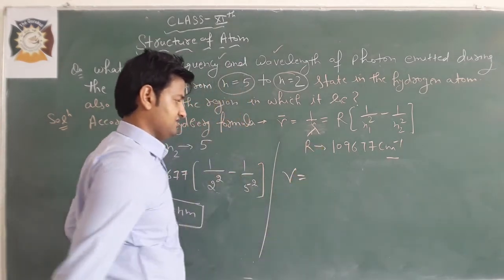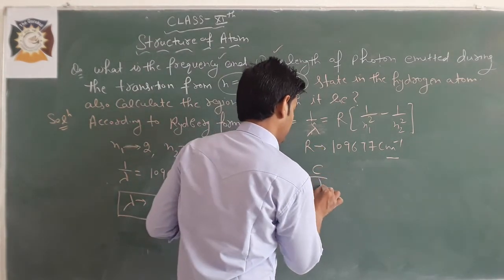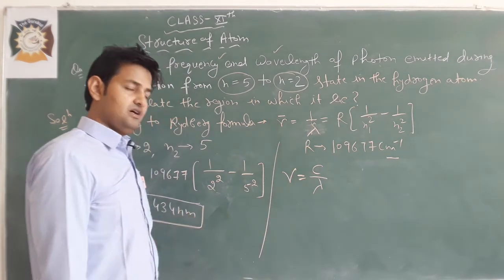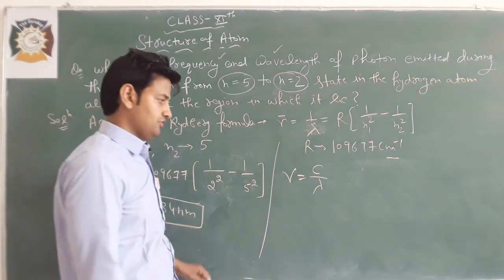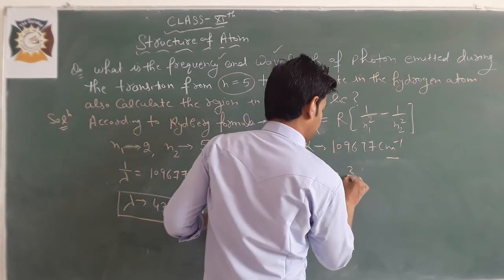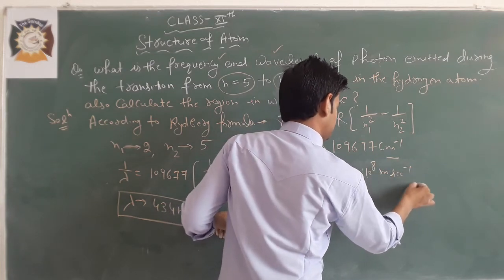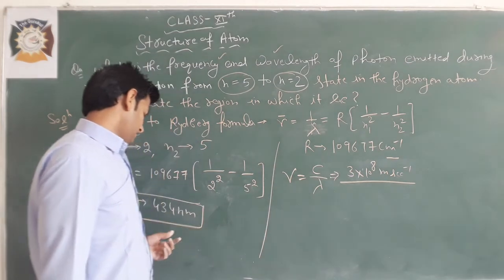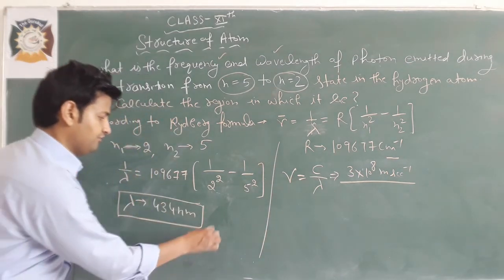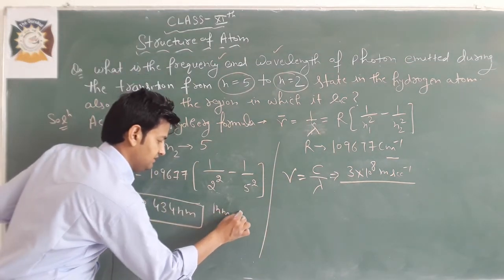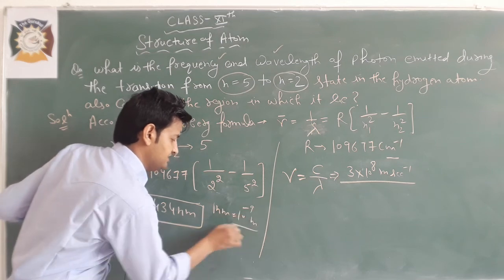As we know, frequency is equal to c over lambda. c is the speed of light, which is 3 into 10 to the power 8 meter per second. You can convert this wavelength into meter. 1 nanometer is 10 to the power minus 9 meter.